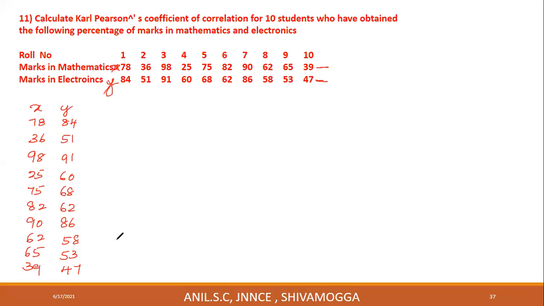First, to calculate X bar and Y bar. And then one column for capital letter X, one column for capital letter Y. Capital letter X means X minus X bar, Y means Y minus Y bar, summation X square, summation Y square, summation XY.